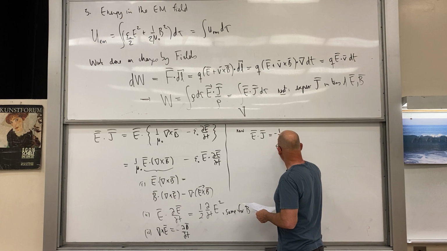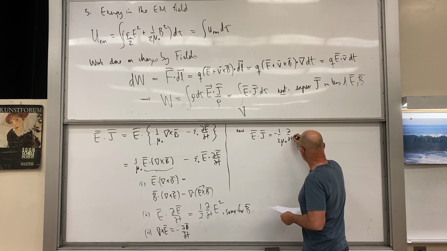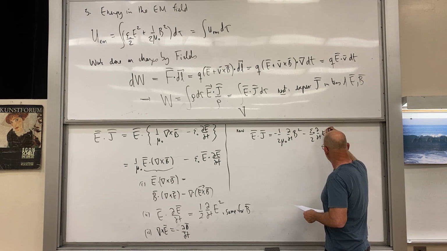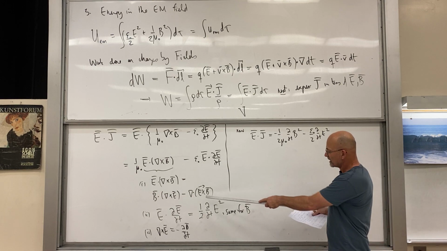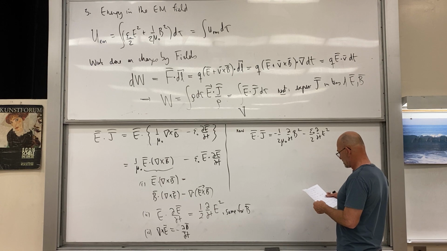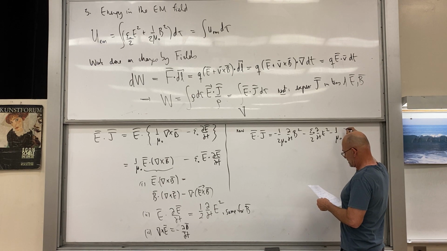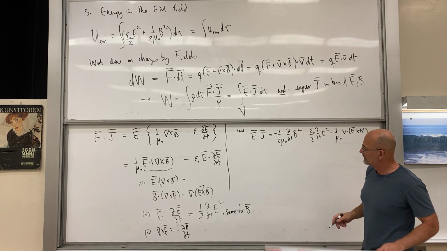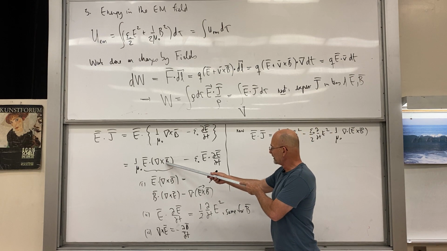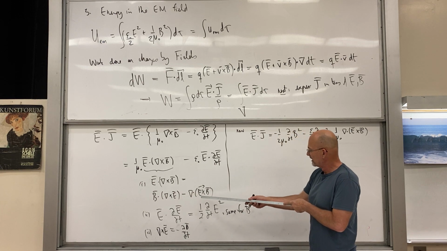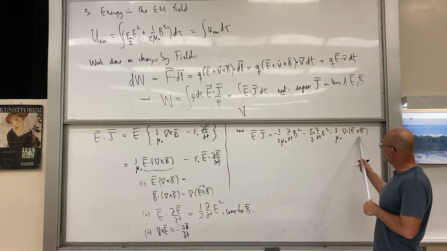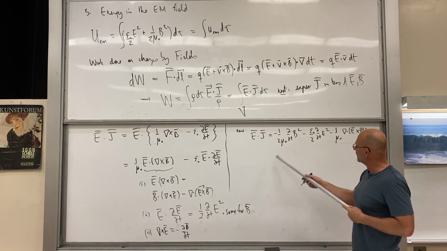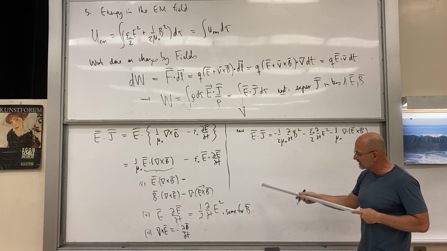You have minus 1 over 2 mu naught d dt B squared, same thing, minus epsilon naught over 2 d dt E squared, and then the divergence of this cross product, so minus 1 over mu naught divergence of E cross B. You can see where we substituted this with B dot curl of E. And this, with the curl of E, turned into 1 over 2 mu naught d over dt B squared because we plugged in Faraday's law.